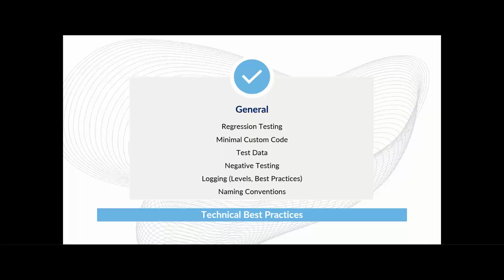Another one is minimum custom code. Although we know that you can't get away from it, minimize as much of it as you can. If there comes a choice between doing it in the product and doing it with custom code, you may want to invest the time to do it in the product, even if it takes a little bit longer. That's because it becomes something that is maintained by the vendor, meaning that functionality works out of the box.